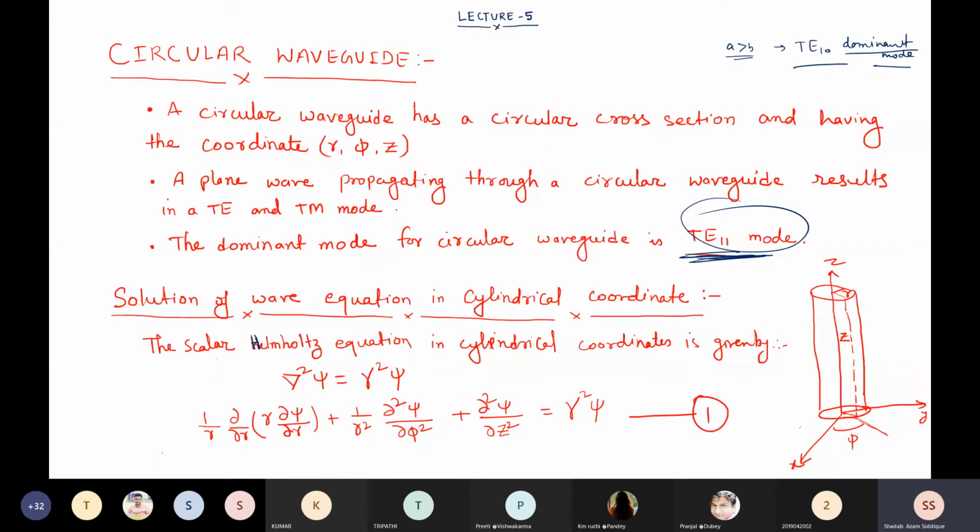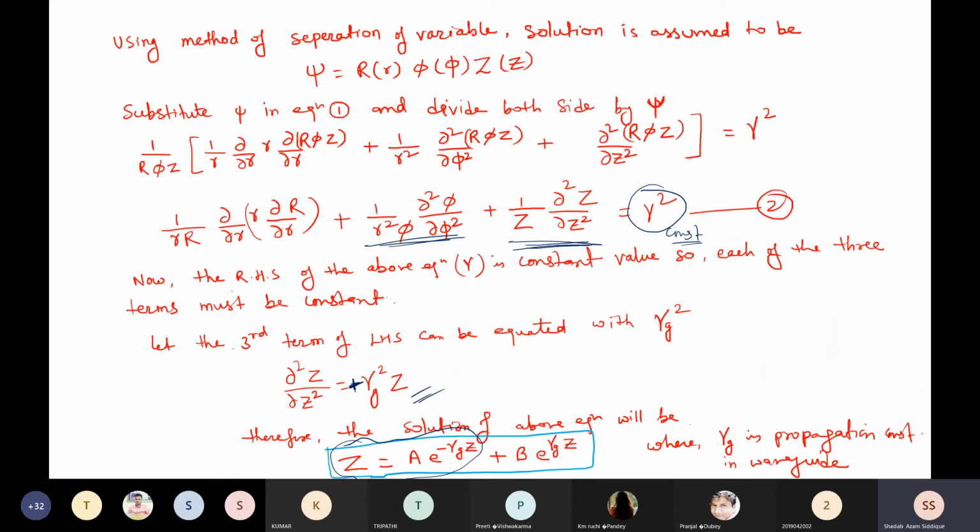Then use the variable separable method to find separate solutions in terms of all the variables present, that is r, phi, and z. After that, you get psi in terms of r, phi, and z, and that gives the solution.